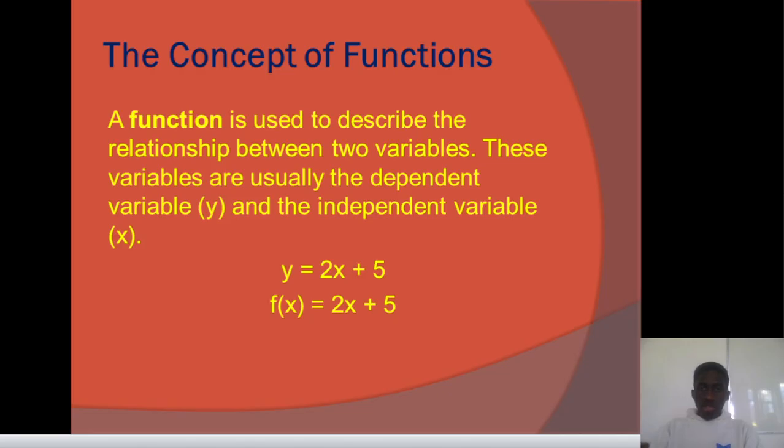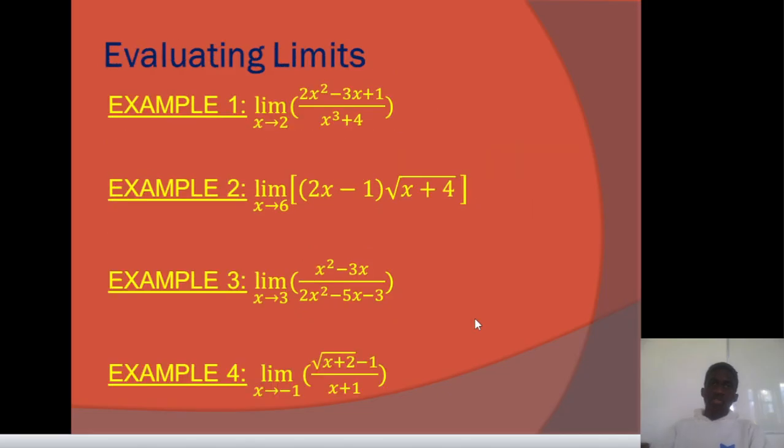Now we move on to evaluating limits, the main subject of this video. We'll be covering 4 examples. So we take on the first example. We are asked to evaluate the limit as x approaches 2 of 2x squared minus 3x plus 1 divided by x cubed plus 4. So this is a limit notation here.